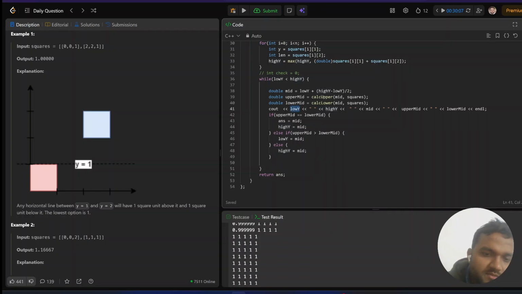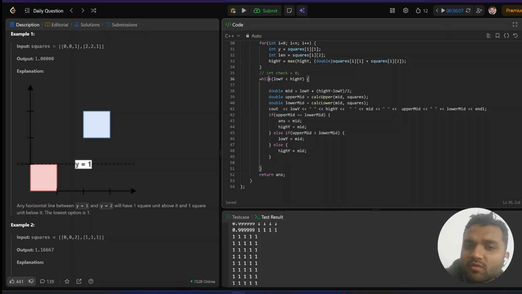When low becomes 1 and high becomes 1, this loop should stop.